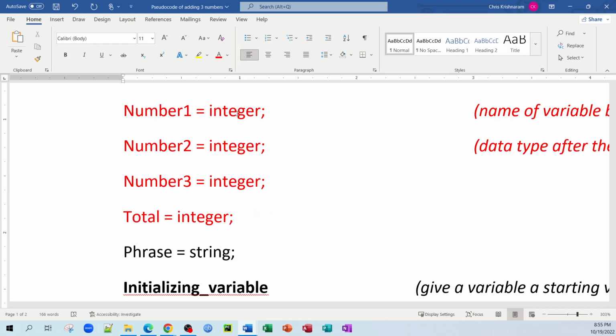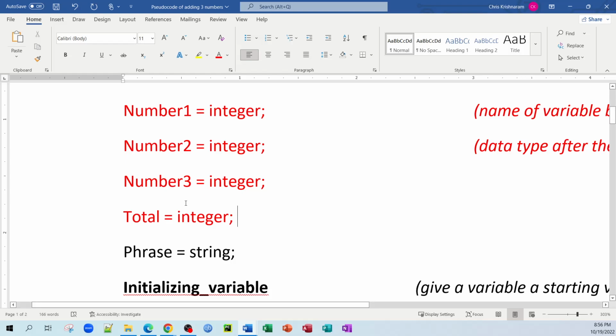If you only want to work with whole numbers, then you strictly use integer. But any time you want a decimal number, you want to show decimal places, then you need to represent it with real.